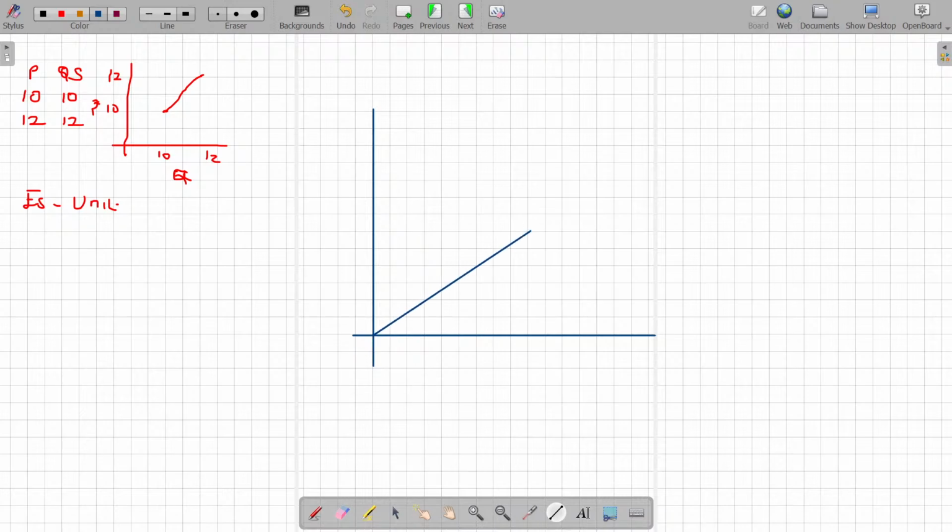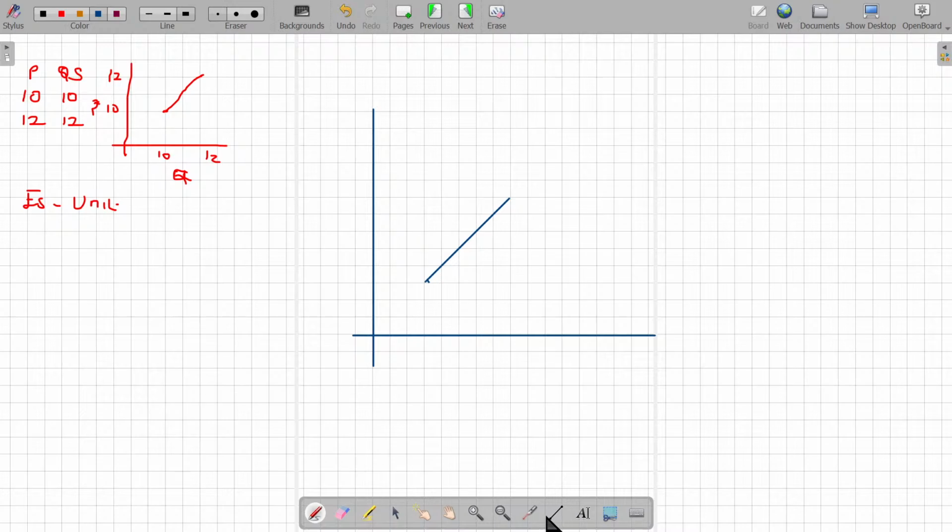Now, if the line looks this way, this one is what?